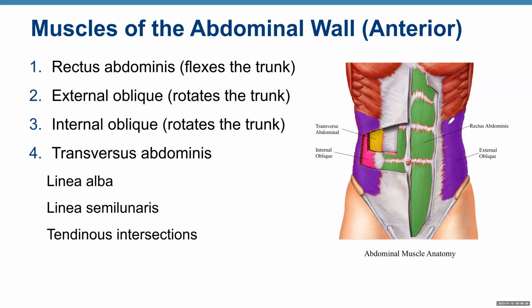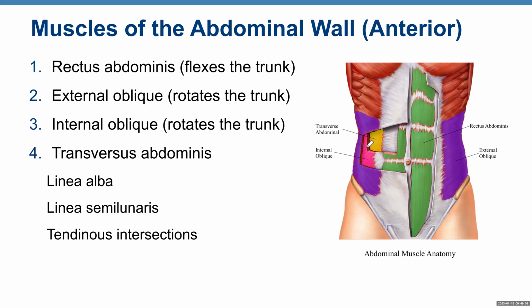Then on the side, rectus abdominis flexes the trunk; external oblique, the most superficial muscle, rotates the trunk; deep to external oblique there is internal oblique, which also rotates the trunk; and then we have transversus abdominis, the deepest muscle.